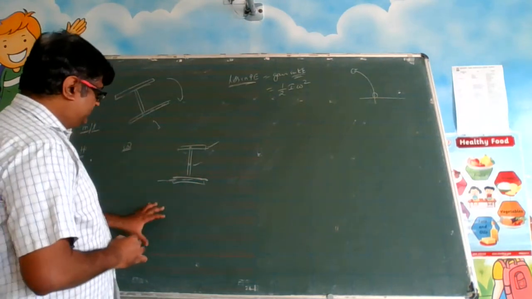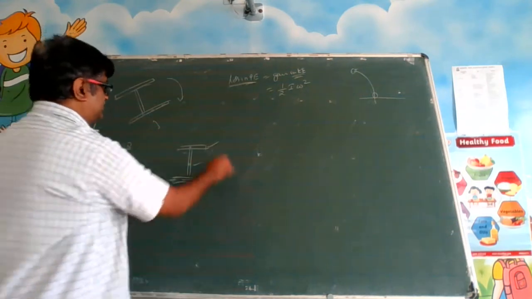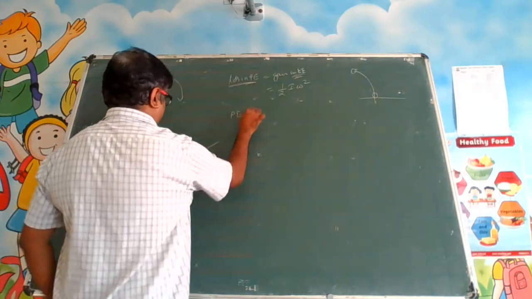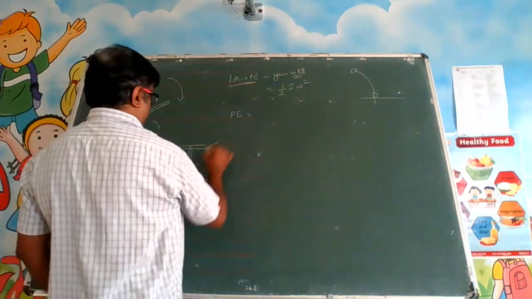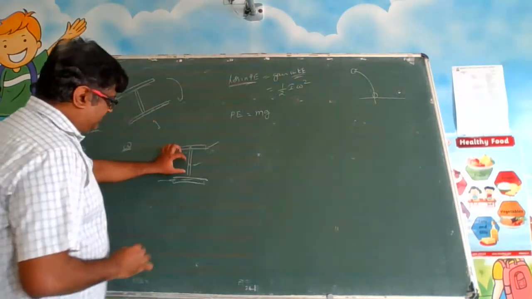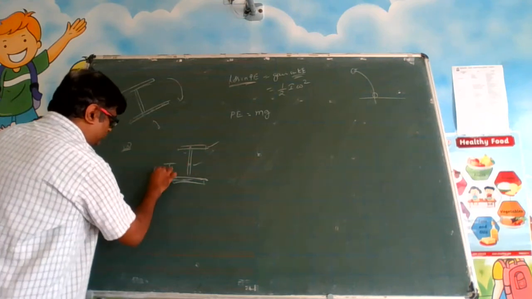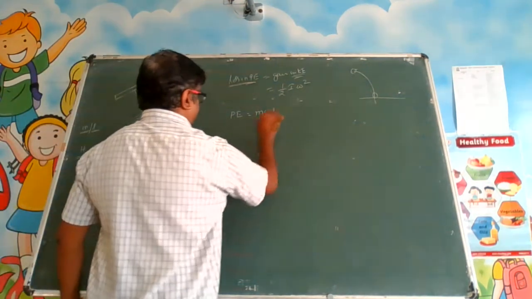So what is the potential energy? This vertical portion and this horizontal portion, you have to calculate the potential energy. So P will be equal to this vertical portion, how much? What is the mass? It is m only into g, and where is it acting? The center of mass is here. With respect to this reference line, this is L by 2. So this will be mg L by 2.